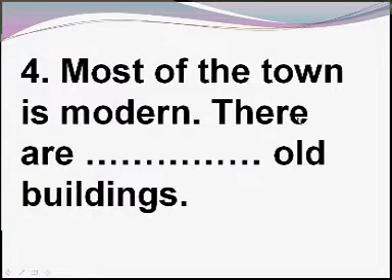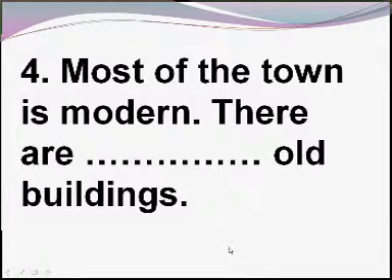Number 4. Most of the town is modern. There are dots old buildings. Old buildings of course is countable, and we have modern here, which we expect to be the opposite of this one. So if the town is modern, what do you think about old buildings?